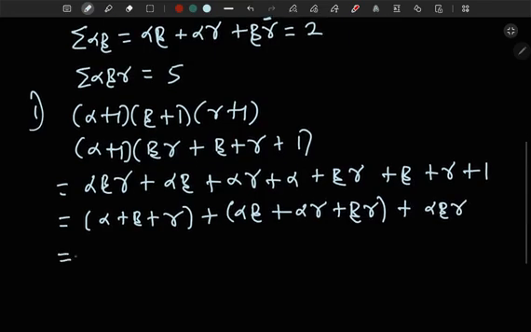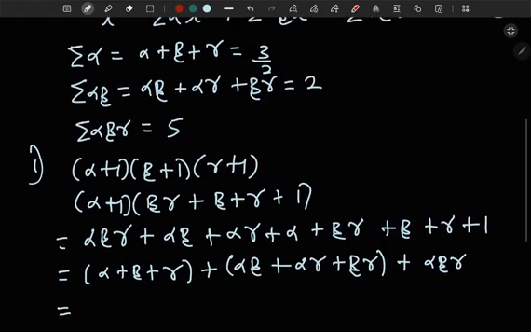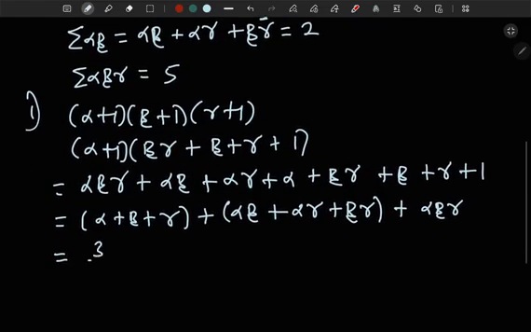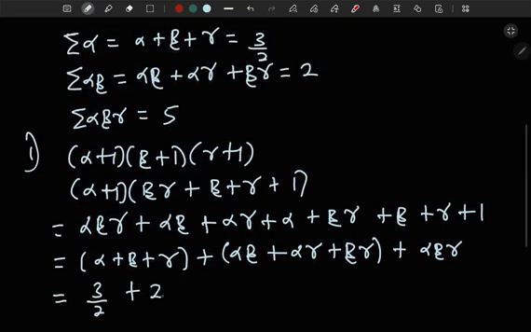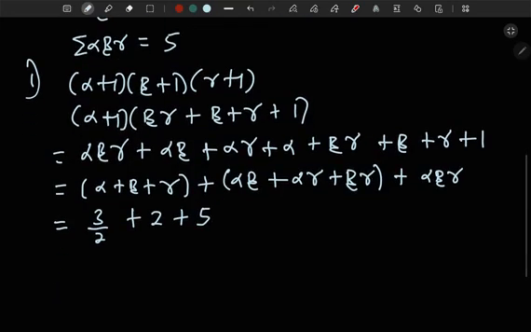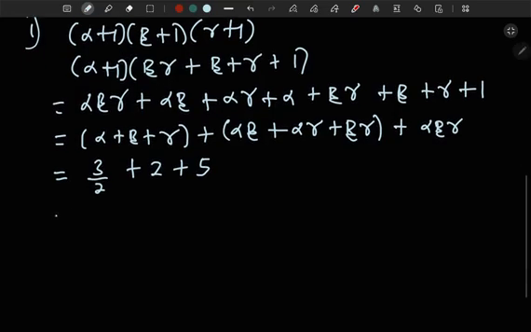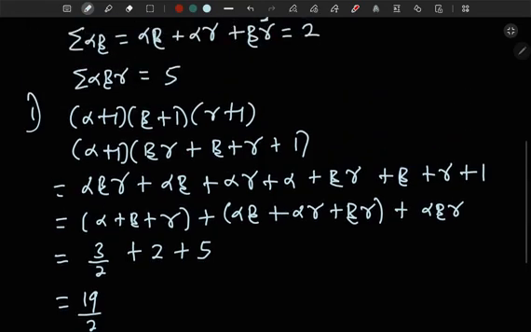And don't forget, we have a value for the sum of the roots to be 3 over 2, then the sum of the pairs is given to be 2, then the product of the roots as well is given to be 5. Definitely the sum of this is going to give us 19 over 2. So that is the answer to the first part of the question.